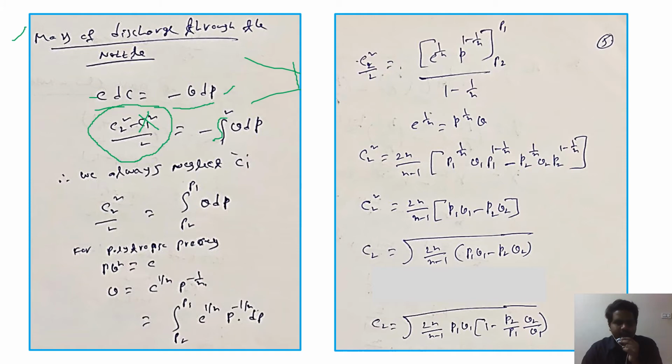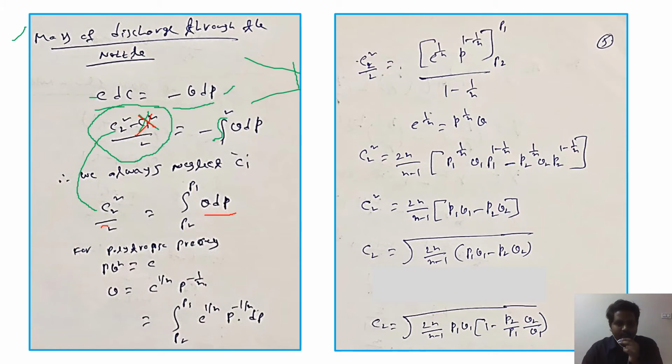So we neglect the term C1, and we can write C2 square divided by 2 equals integral from P2 to P1, change in pressure, into VdP.